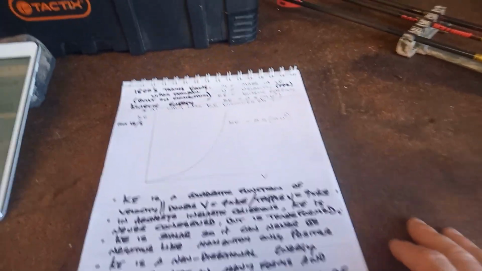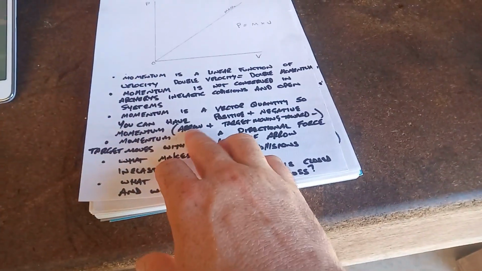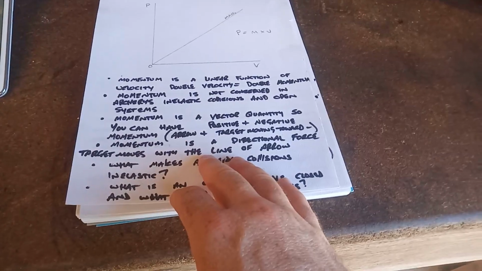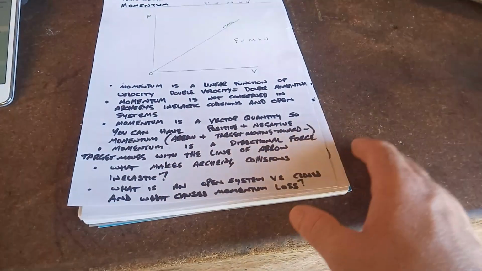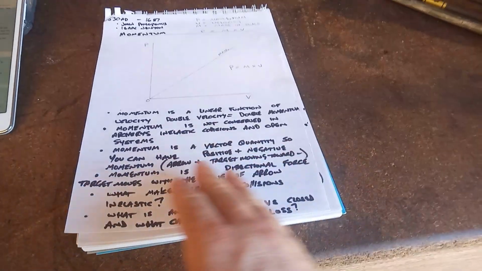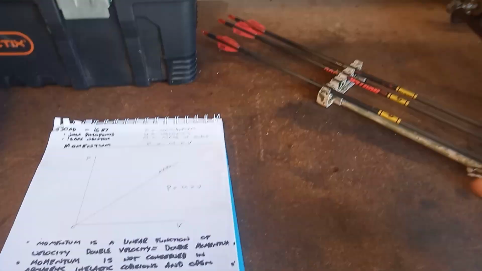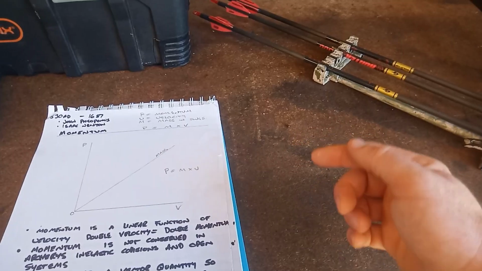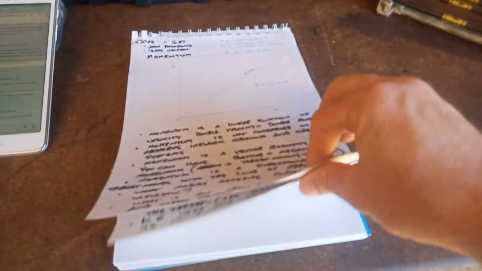If we go back to our old explanation of momentum, momentum can have positive and negative values because it's linear. So you can have positive momentum of an arrow moving towards a target, but you can also have negative momentum from an animal perhaps moving in towards the line of fire of the arrow.